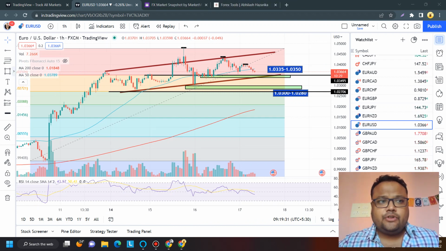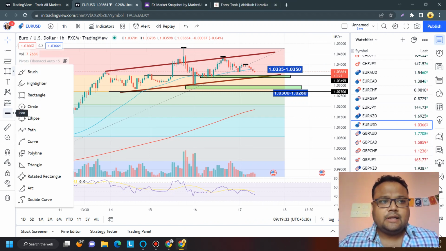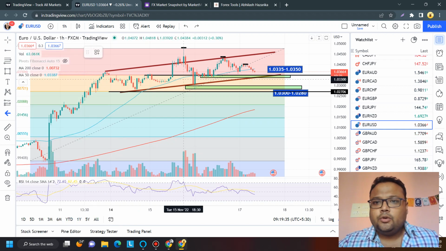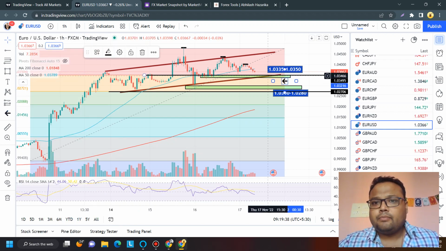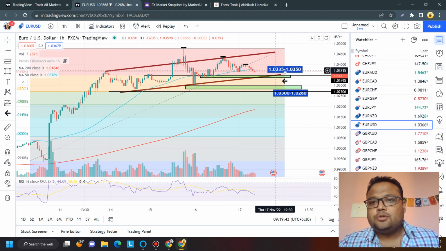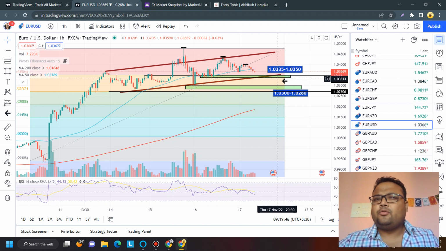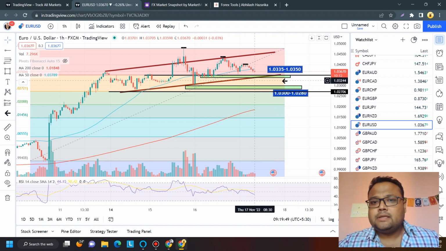In case of extreme selling pressure, you can take a sell position also below this level. You can take a sell position below 1.00335, and you can expect a profit of 25 to 30 pips. Means between these gaps you can take a sell position.